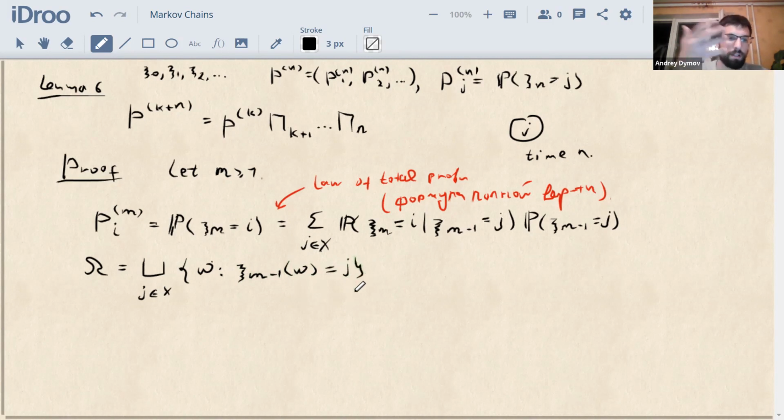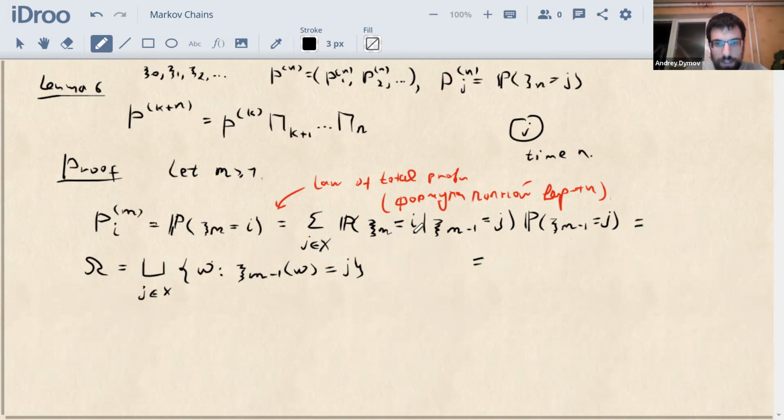You see, because the random variable xi m minus 1 should take some value, right? So I can represent the set of all elementary events in such form. We just separate the events on which my random variable xi m minus 1 takes a fixed value. And then you see that this is exactly the formula of total probability. So okay, then I continue this line.